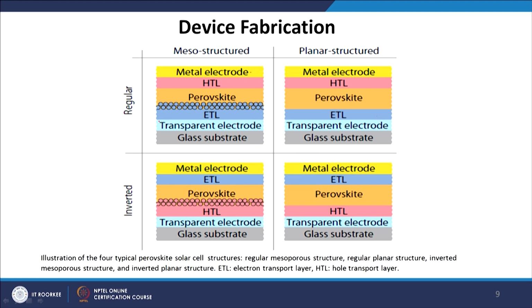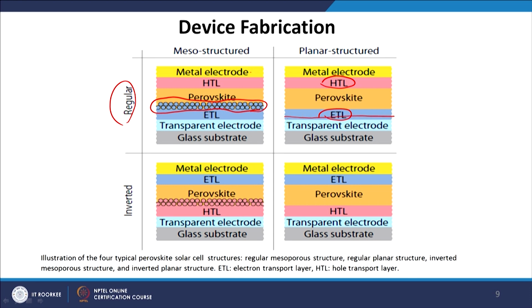So, in both of these cases it is a regular structure. That is why I have the ETL, electron transport layer, with the ITO contact and hole transport layer at the metal contact. But in the first example this is mesoporous. So, the TiO2 layer is mesoporous, you can see from the figure we have drawn the circular things here, and here we did not draw any circular things, this is planar.